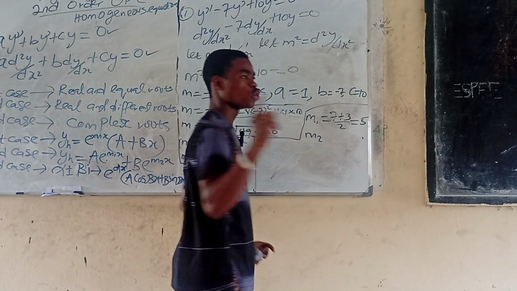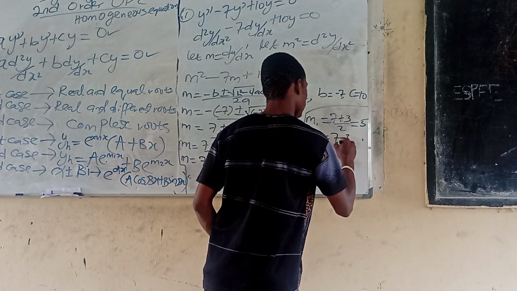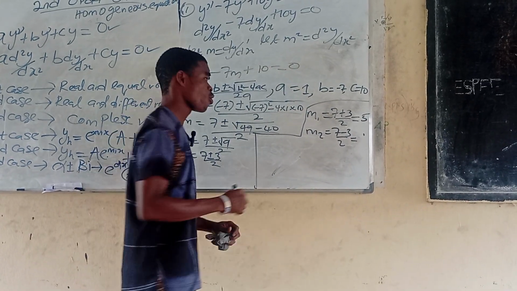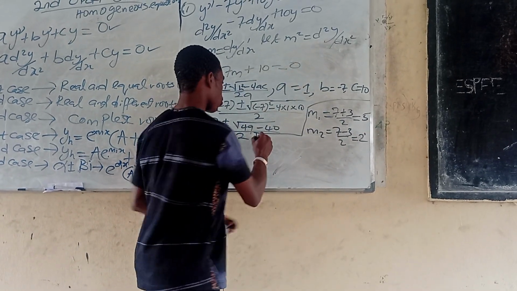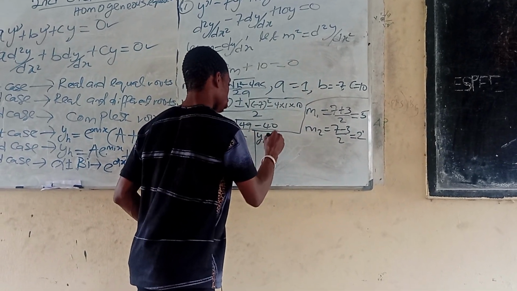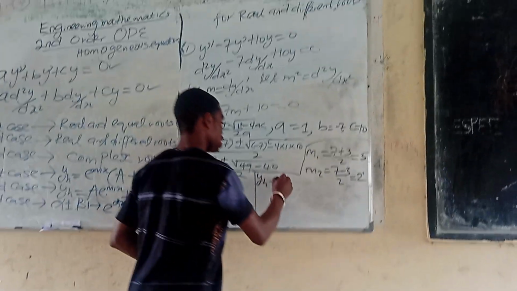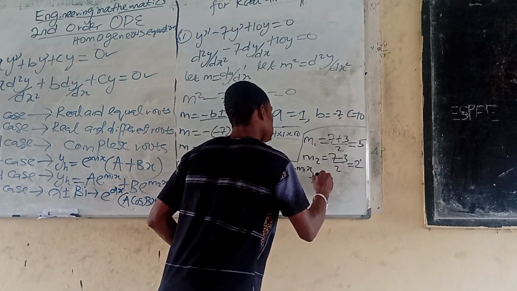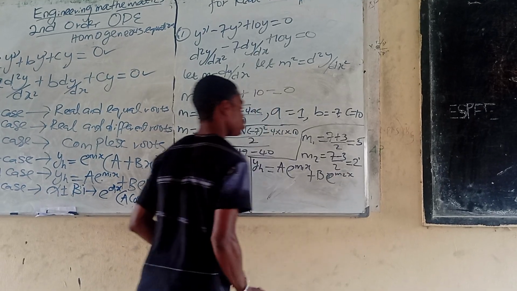So m2, go with the minus for m2. m2 equals 7 minus 3 divided by 2. So 7 minus 3 is just 4. 4 divided by 2 is what? 2. So for the homogeneous solution for real and different root is a exponential m1x plus b exponential m2x.